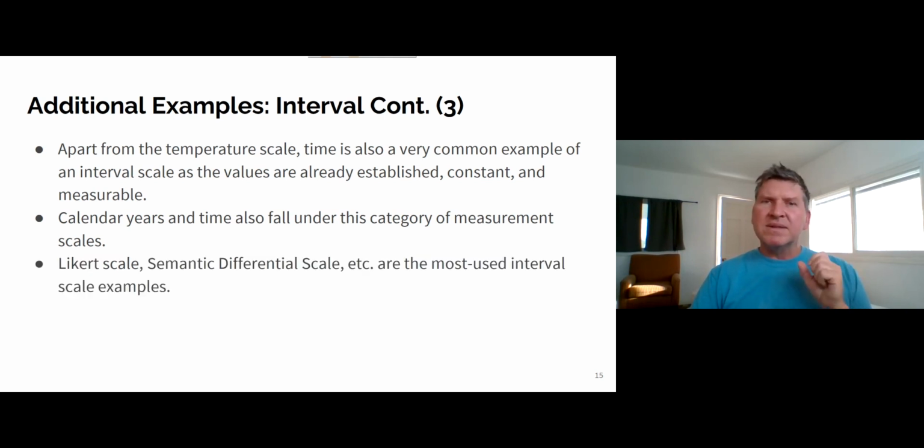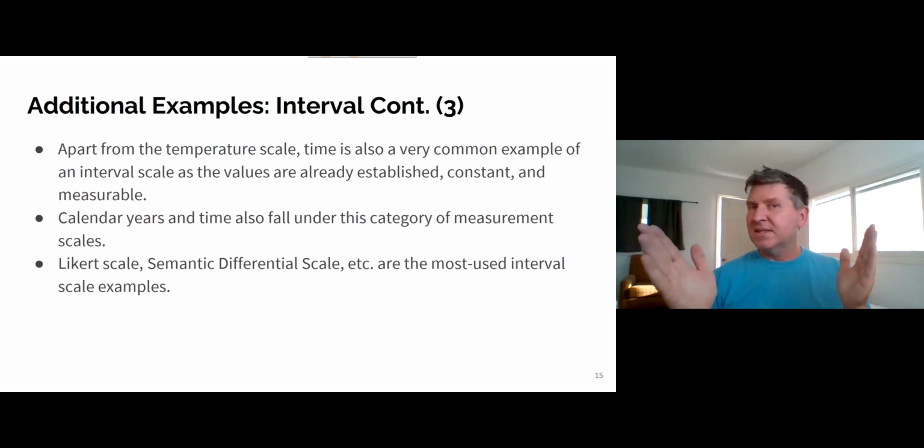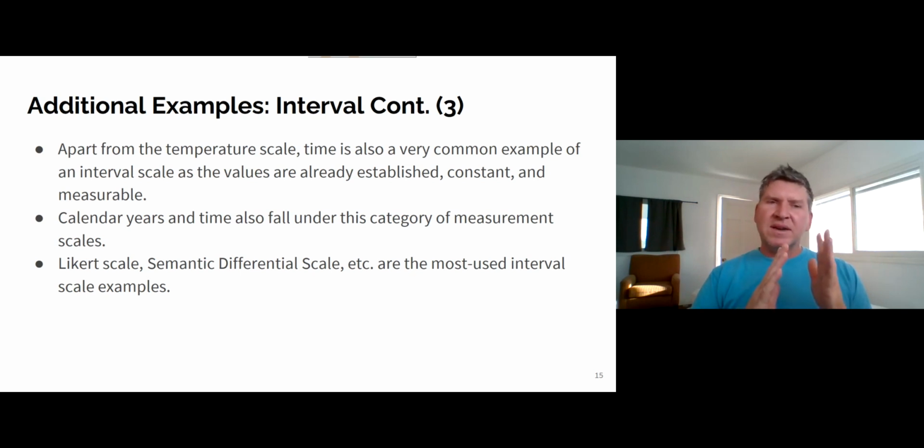We can use Likert as an interval when we have, say, 10 different values, and we can say, how satisfied are you? 0 meaning not satisfied, and 10 meaning extremely satisfied. The idea is the difference between 0 and 1 is the same as the distance between 9 and 10. But we'll talk a little bit about that at the end of this lecture.